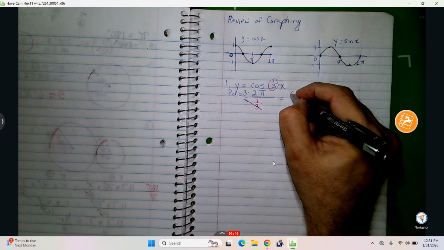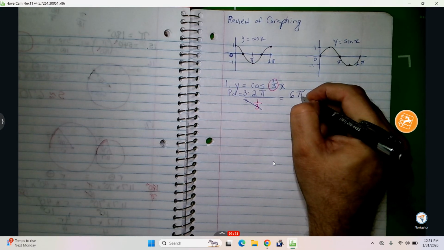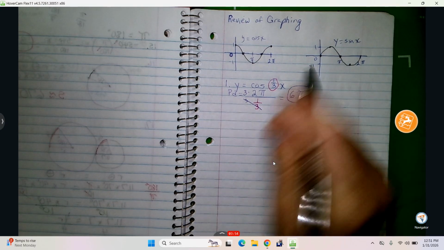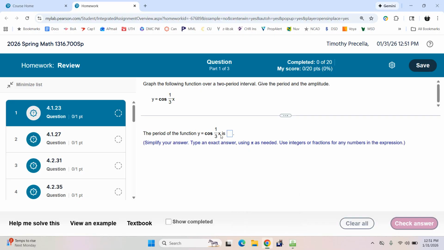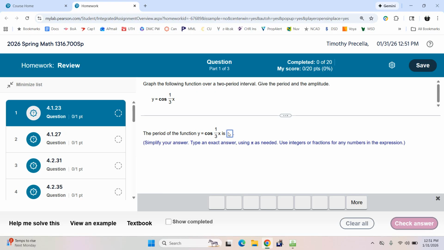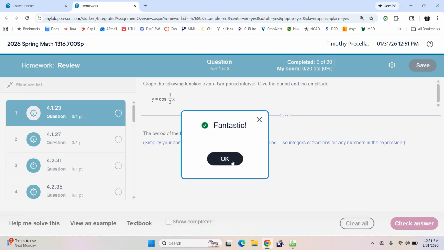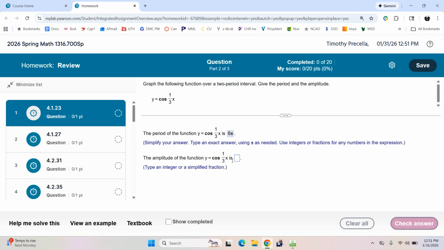The period is just 6 pi. So let's type that in. 6 pi. And there's the pi symbol. Check it.